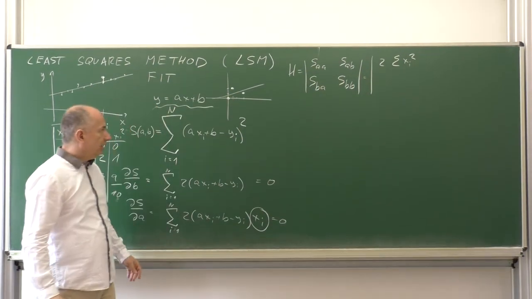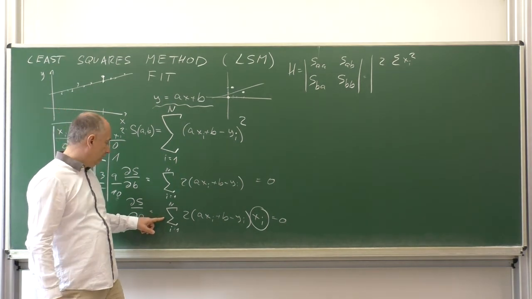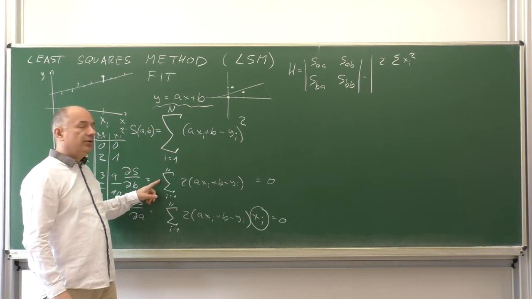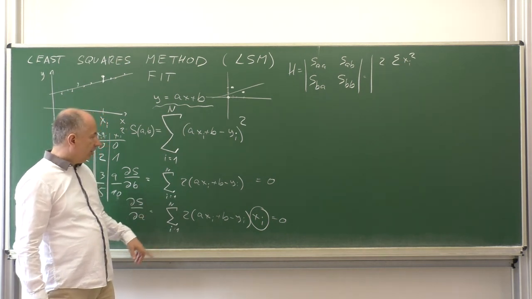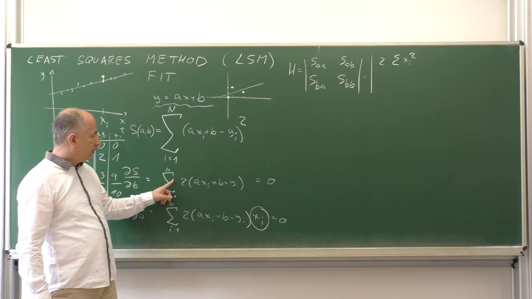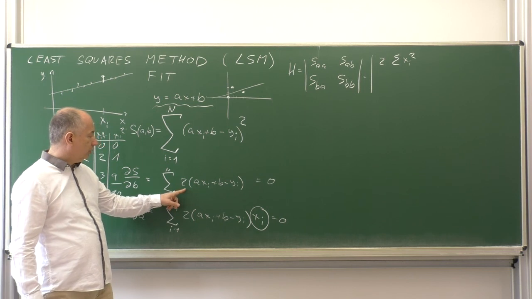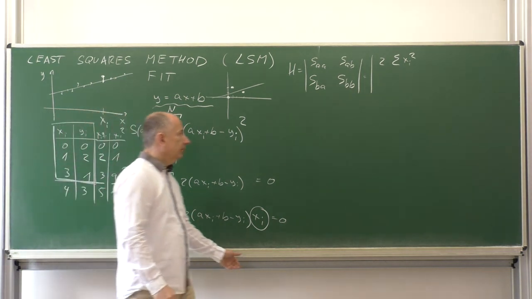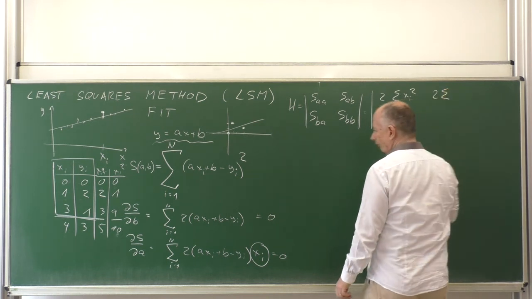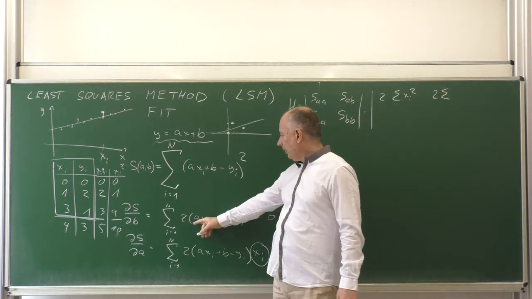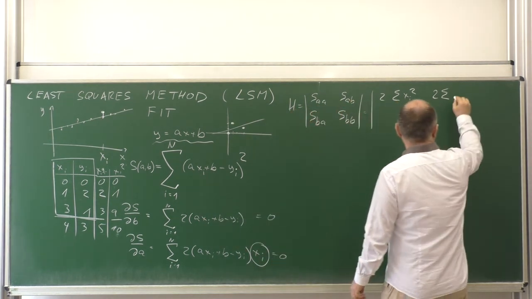The mixed derivative can be obtained by considering this and differentiating with respect to b, or considering this and differentiating with respect to a, and the result is the same. If we differentiate this with respect to a, then we have 2 times sum, and when we differentiate with respect to a, we have xi alone.